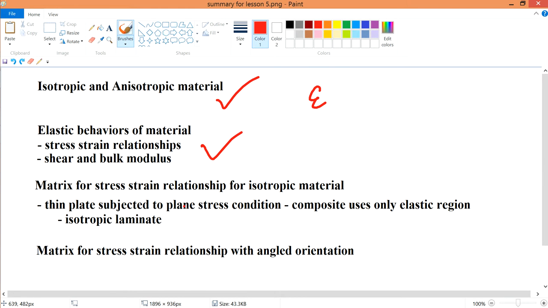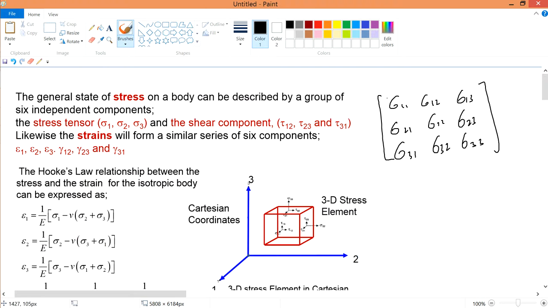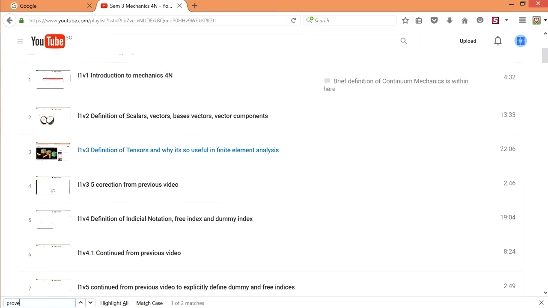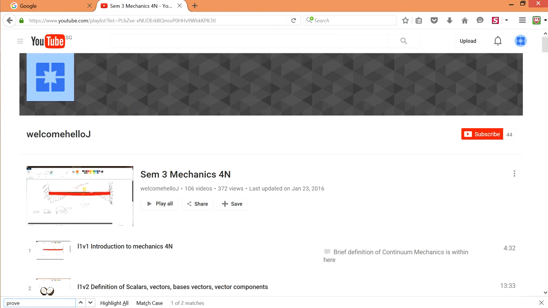So in order to do this, we have to first understand a stress tensor. I would assume that this is the principal stress. If you forgot or you don't know anything, you can come to this playlist.